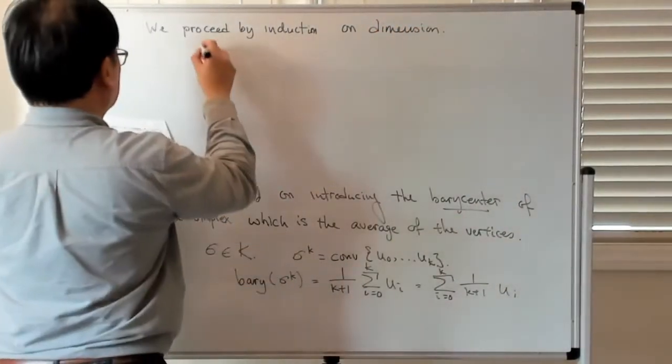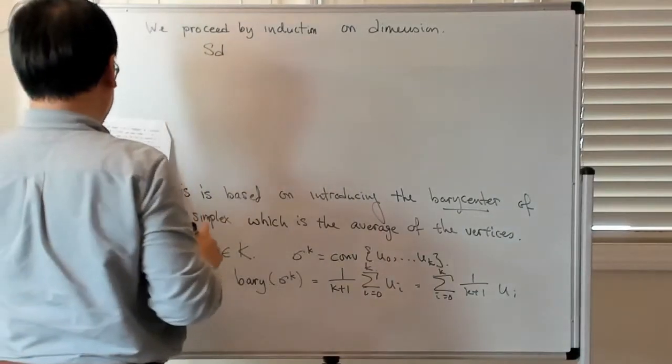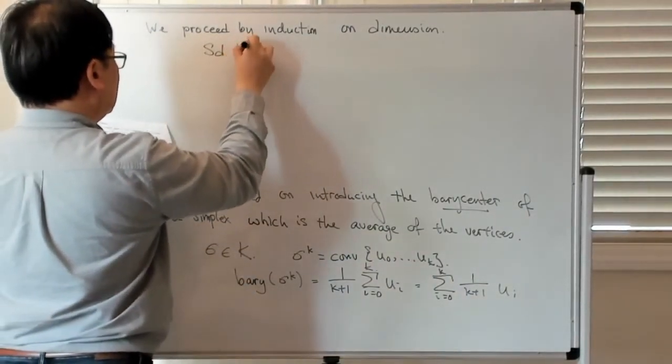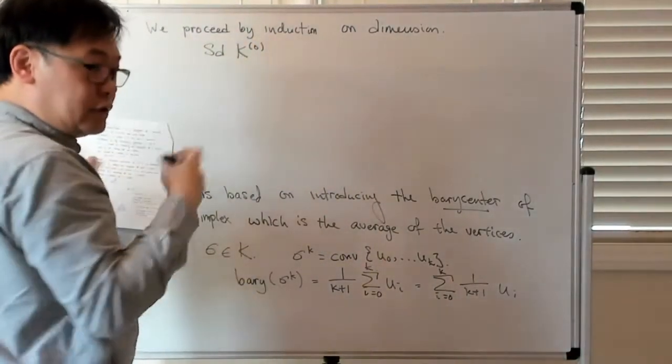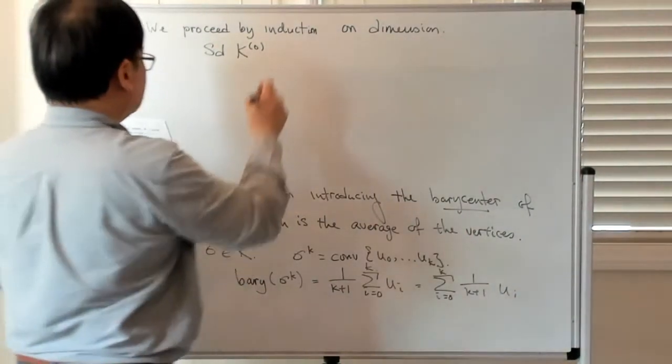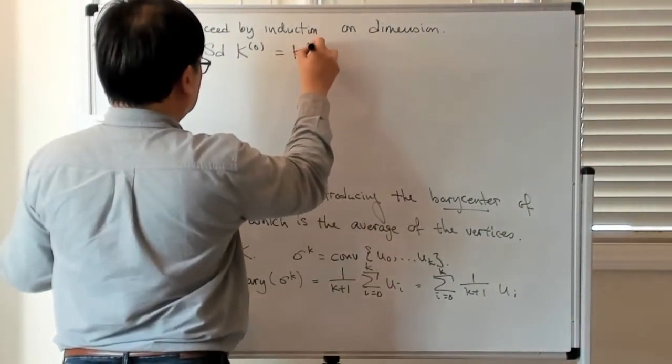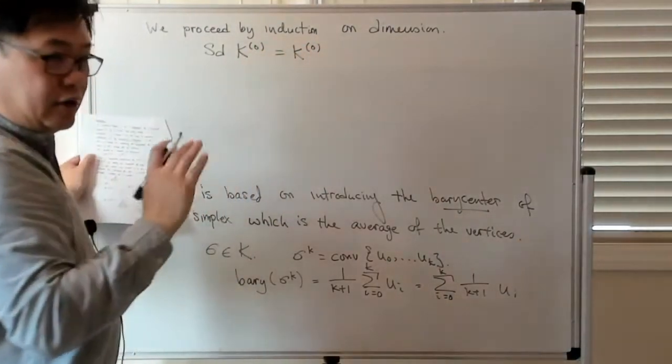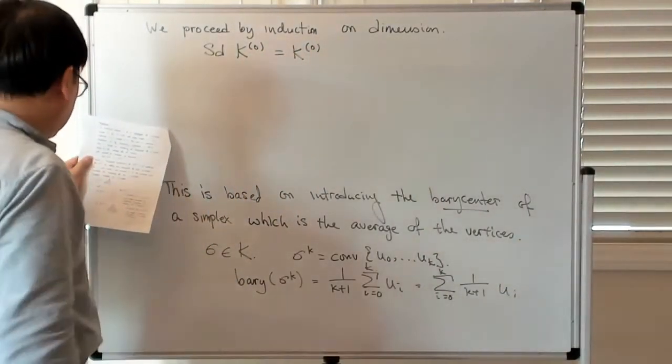I'm going to define the barycentric subdivision of the zero skeleton, which is of course just the vertex set, as being just the same thing. At this stage, I'm not introducing new vertices; I'll do that later on.